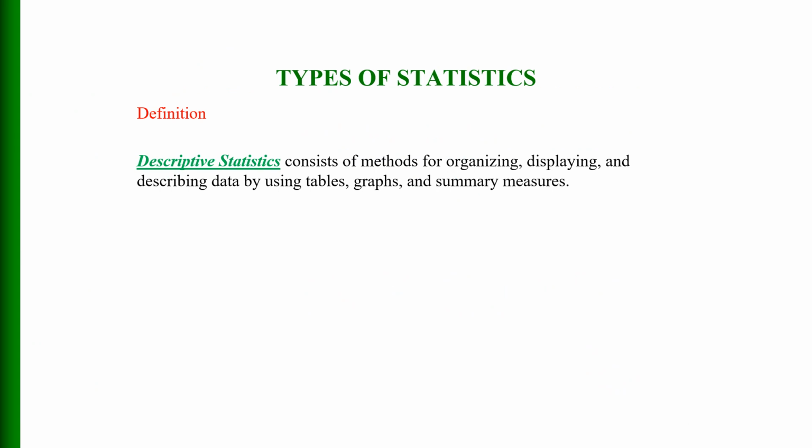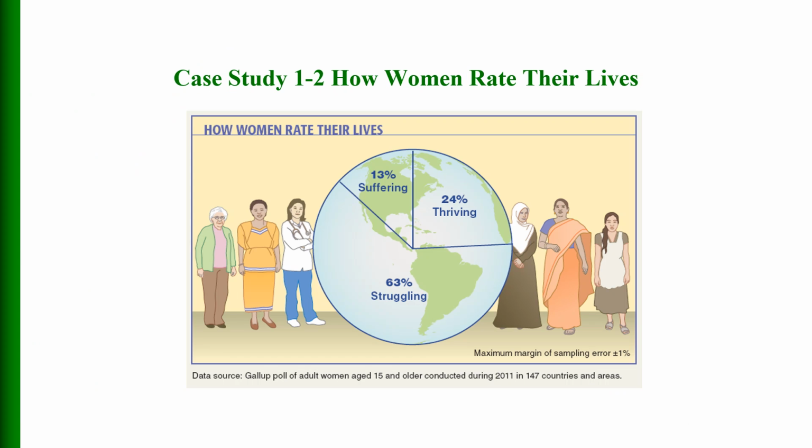There are different types of statistics. The first one is descriptive statistics, and descriptive statistics consists of methods for organizing, displaying, and describing data by using tables, graphs, and summary measures.